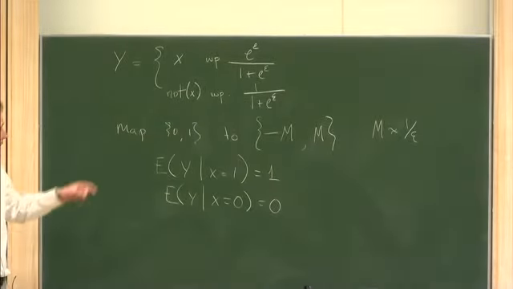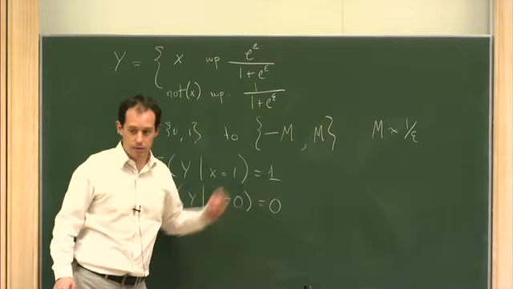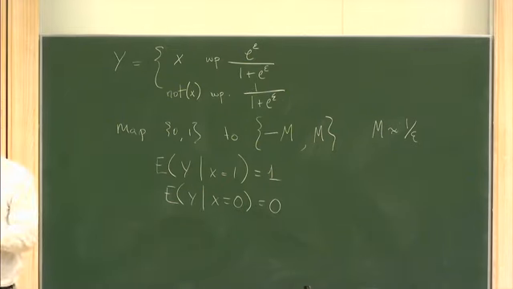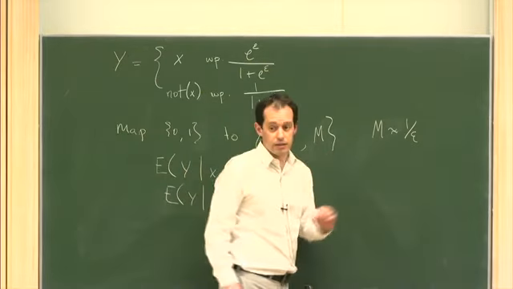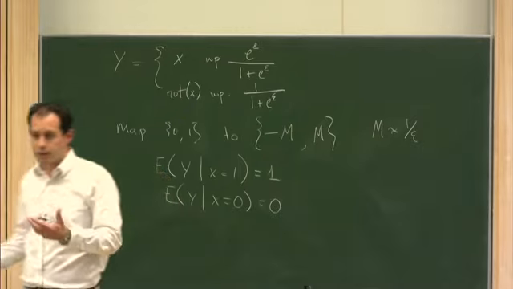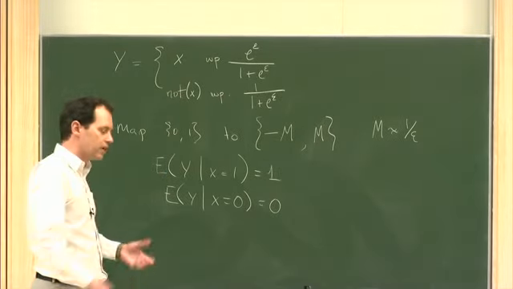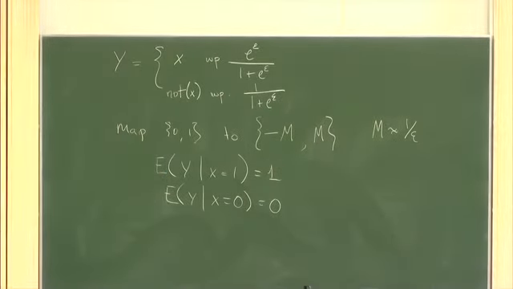Now, if you add up the plus and minus m's that you got, you'll get an unbiased estimator of the thing you wanted to estimate, and its standard deviation is going to be about 1 over epsilon times 1 over square root of n. Yeah, the variance is the square of that.